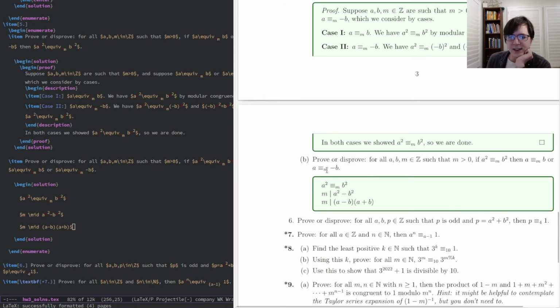And to get these conclusions, we need m to divide one of these two sides. Really the only way that this can happen in general is if m is prime. And so that's the problem. m's not prime, and that's why it's false.